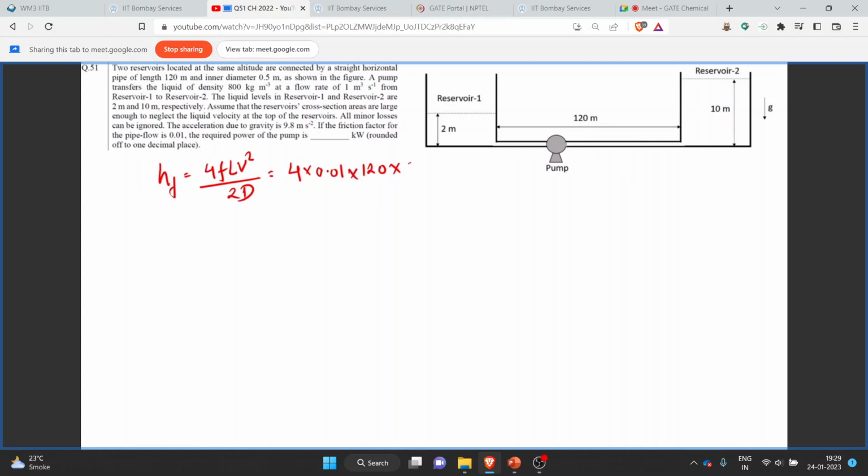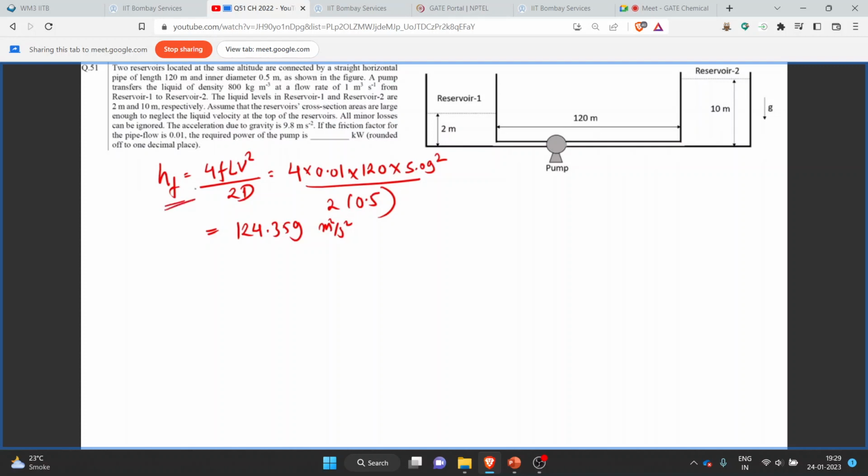Velocity we have calculated as 5.09, upon 2 times diameter. Diameter of the pipe is 0.5 meter. So again we can solve this, and the friction loss we will be getting as 124.359. You can check the units and it will be meter square per second square.